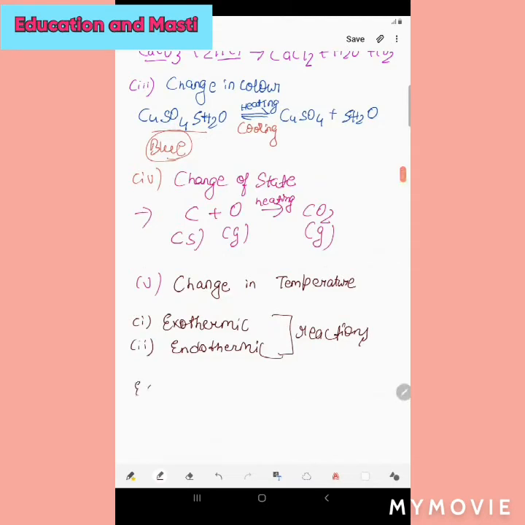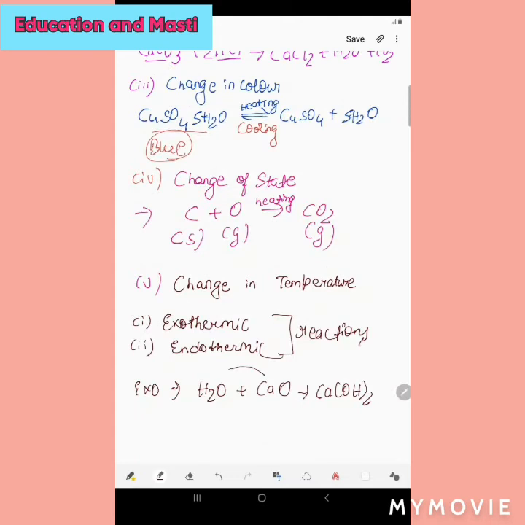Let's understand with an example. For an exothermic reaction, first let's write the equation: H2O plus CaO gives Ca(OH)2. You might have heard about this reaction equation. When water is added to quicklime, which is calcium oxide, it forms calcium hydroxide, as you can see.